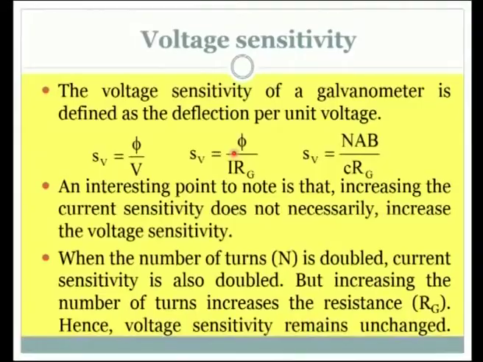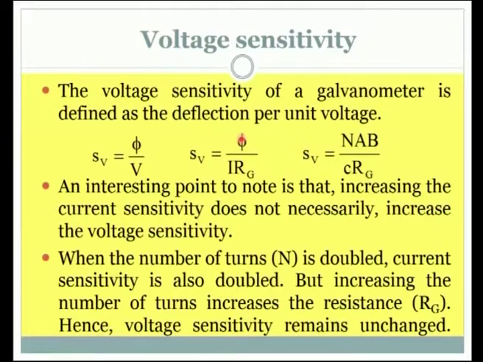So, let us see what is the voltage sensitivity. The voltage sensitivity of galvanometer is defined as the deflection per unit voltage. S stands for sensitivity, the suffix V we have here is for voltage. So, SV is the voltage sensitivity. For unit voltage, how much deflection is produced? So, that is called voltage sensitivity.